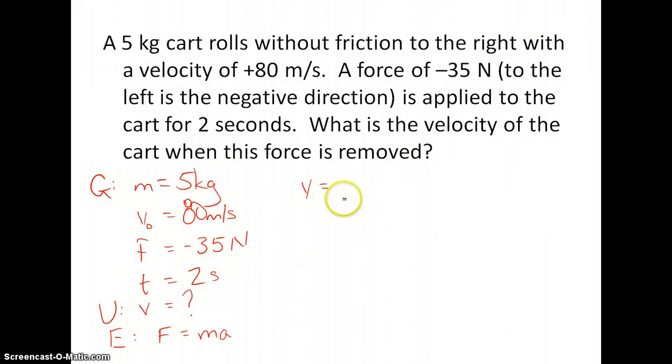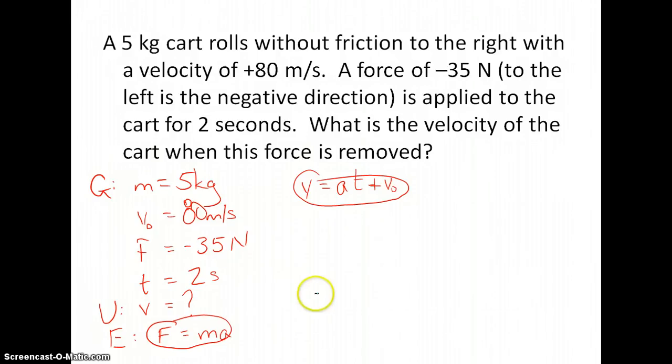So let's see, acceleration multiplied by time plus the initial velocity. Let's use that one. We might have to use these two equations together.